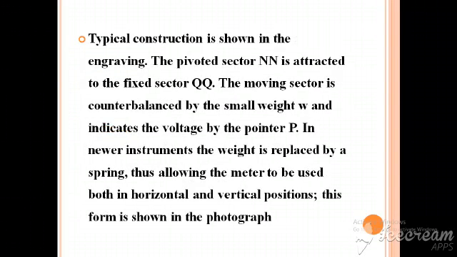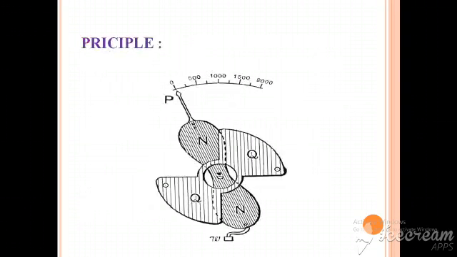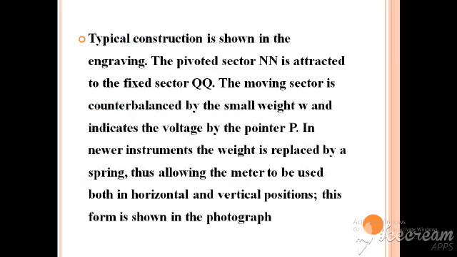Typical construction is shown in the engraving. So this is the engraving. Have a look at it. The pivoted sector Nn is attracted to the fixed sector Qq.